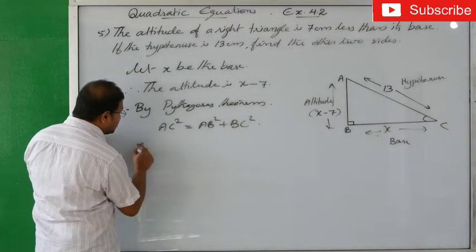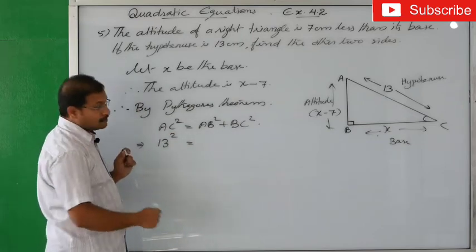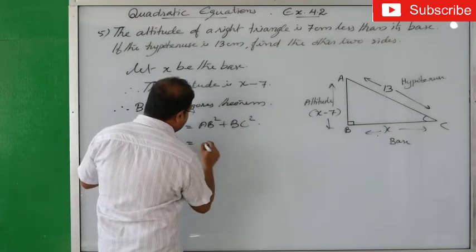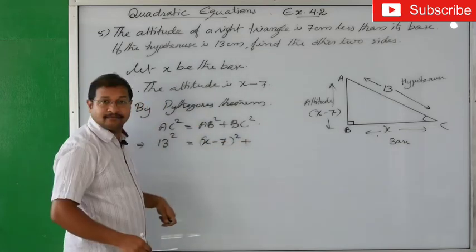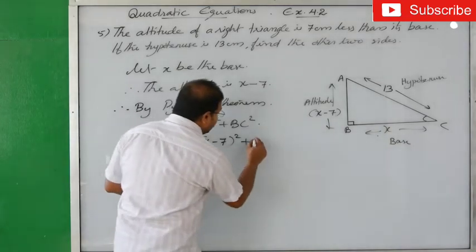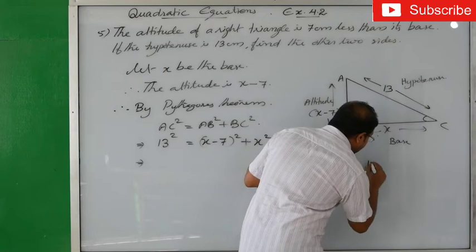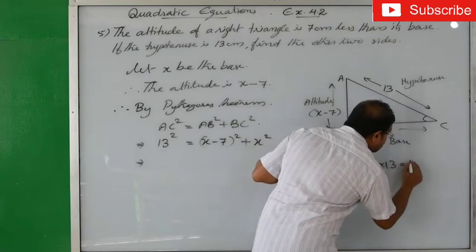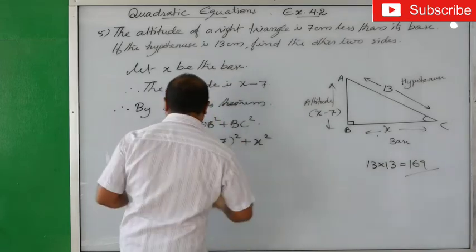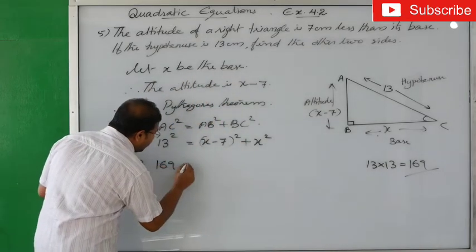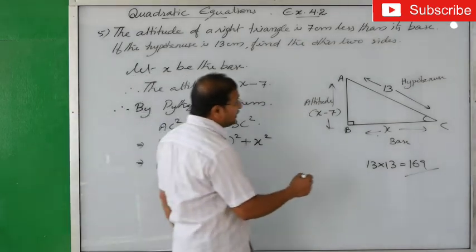This implies AC 13 square equals AB, that means x minus 7 the whole square, plus BC, that means x square. So 13 square, 13 into 13 equals 169. So 169 equals (a minus b) the whole square plus x square.